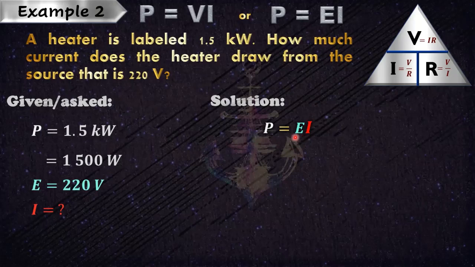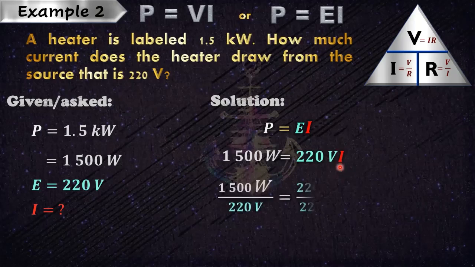Substitution process. P is given, so that is 1,500 watts. And E, our voltage, is 220 volts, and I, the current, is the unknown in the problem. To isolate I, the electric current, we are going to divide both sides by 220 volts. So 220 volts cancels out on the right side, and get the quotient, or divide 1,500 by 220 volts. Now, I will show you how to simplify the SI unit.